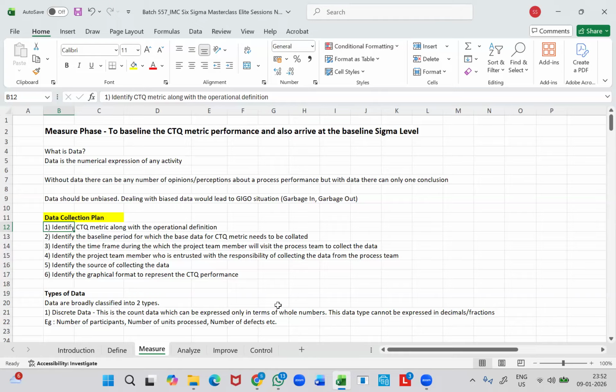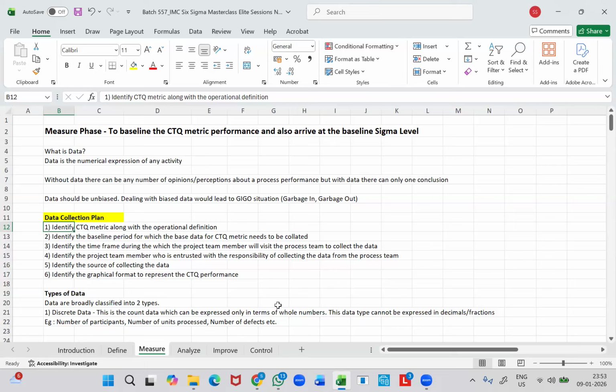But after the calculation is done, after the baseline performance is calculated for the CTQ metric, if someone raises an objection that the calculation methodology that the team has adopted is completely incorrect, then the team would find it very difficult to make the necessary course correction, right? Even if they need to discard the entire data, the entire calculations, and start calculating once again, if that objection is a valid objection. So that has to be avoided.